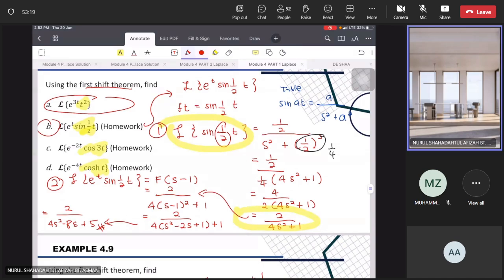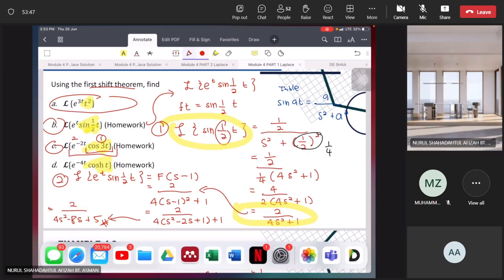Same with C. First you need to calculate this one. And second, the combination. I think I will try to do C again, for more understanding.